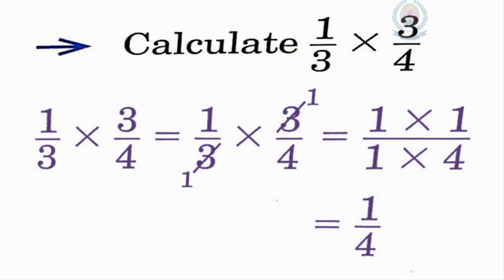So, the first fraction's denominator I am simplifying by 3, so the answer is 1. In the same way, the second fraction's numerator I am simplifying by 3, so the answer is 1. So, the numerator is 1 multiplied by 1 and the denominator is 1 multiplied by 4. So the answer is 1 over 4.